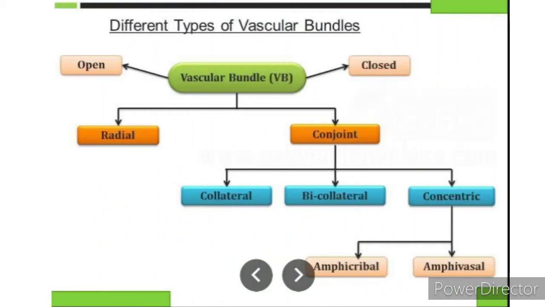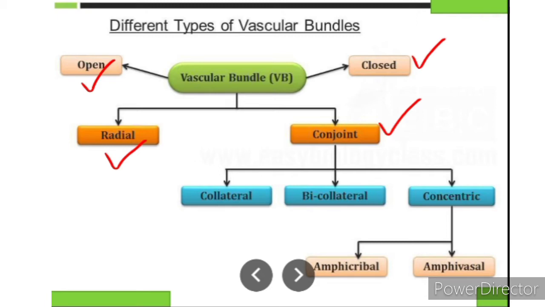Here is the outline of the different types of vascular bundle. Based on the presence and absence of cambium, vascular bundles are divided into two types: open type and closed type. Similarly, based on the arrangement, we divide vascular bundles into two types: radial vascular bundle and conjoint vascular bundle.